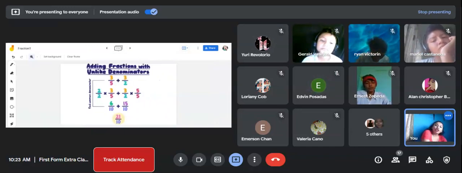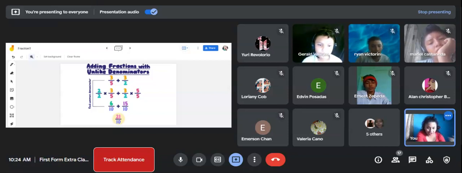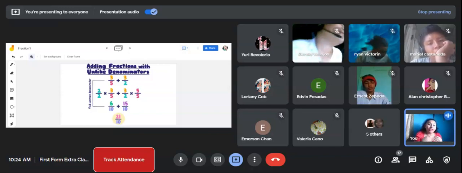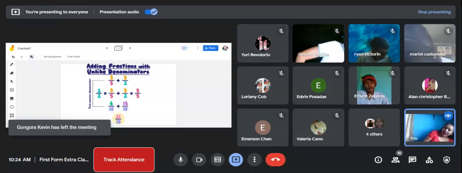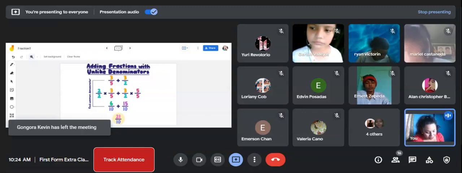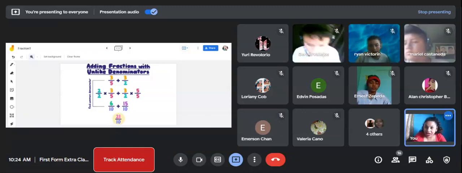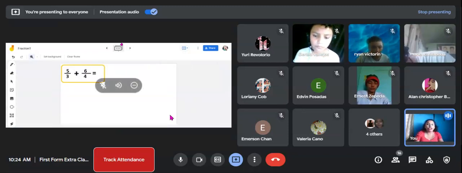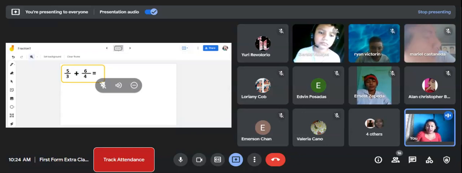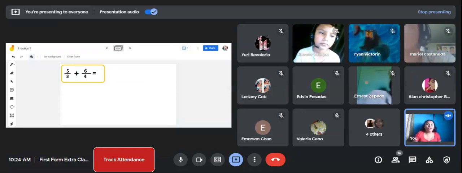Okay. So, how do we use LCM with fractions? When we are adding and subtracting unlike denominators. So, when the question gives me, for example, 5/3 and 6/4, I need to be able to find the LCM.